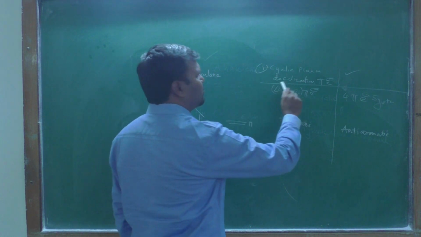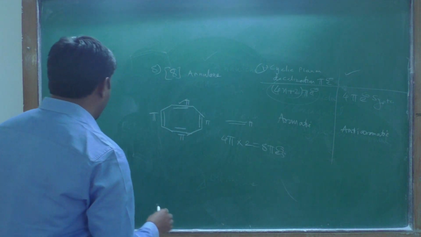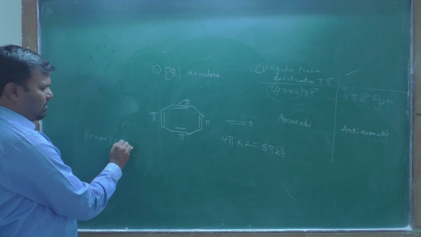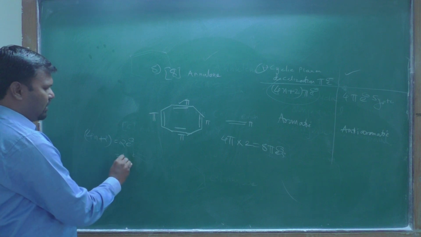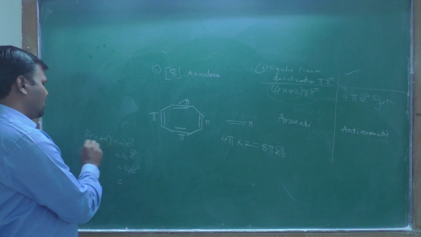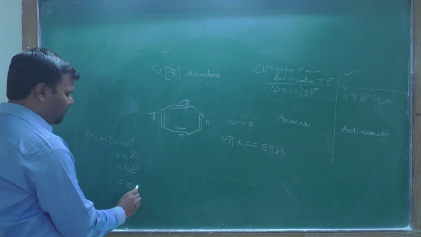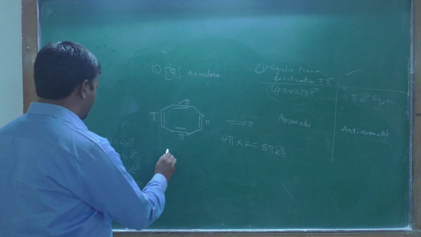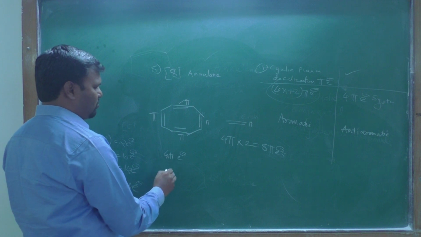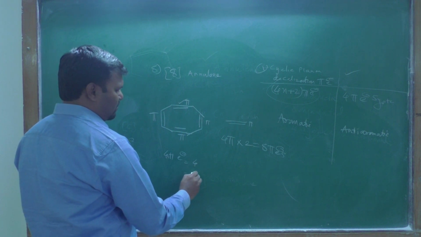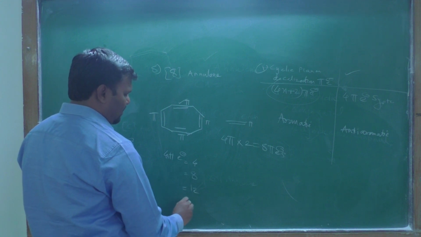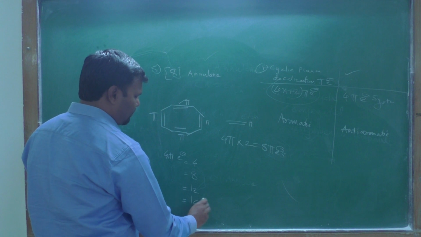It does not come under the 4n+2 system, because when you put n=1, it is 6 electrons, n=2 gives 10 electron system, n=3 gives 14, n=4 gives 18. And for the 4n pi electron system: n=1 is 4, n=2 is 8, n=3 is 12, n=4 is 16 electron system.